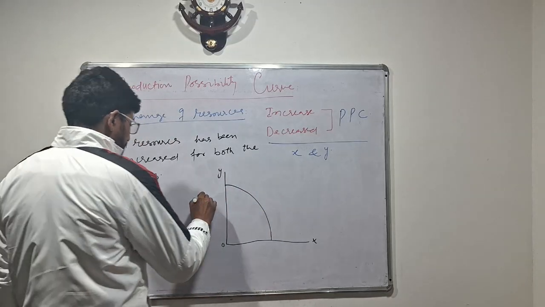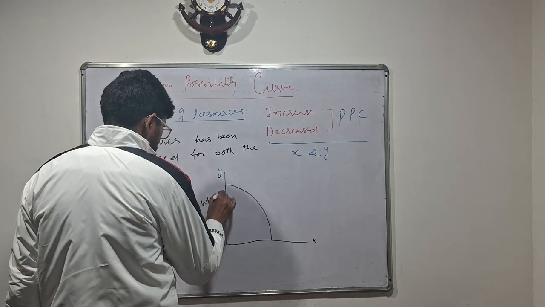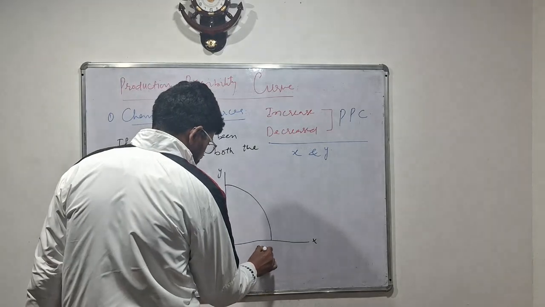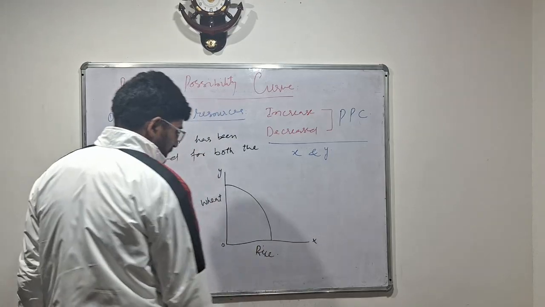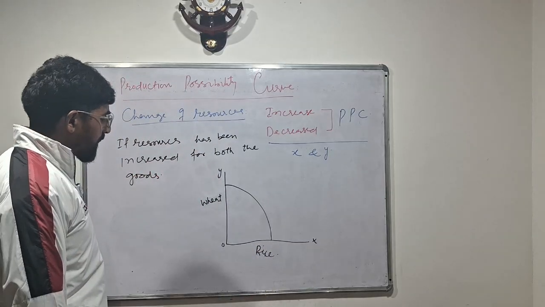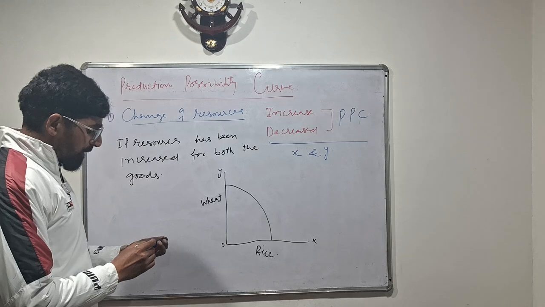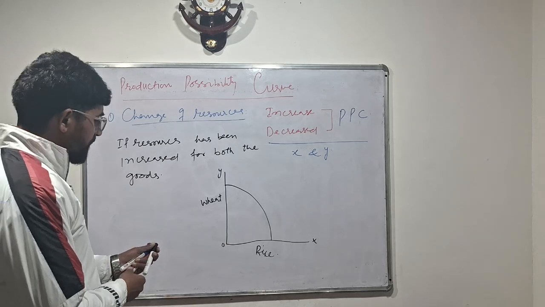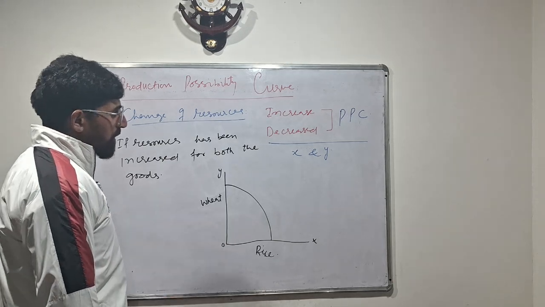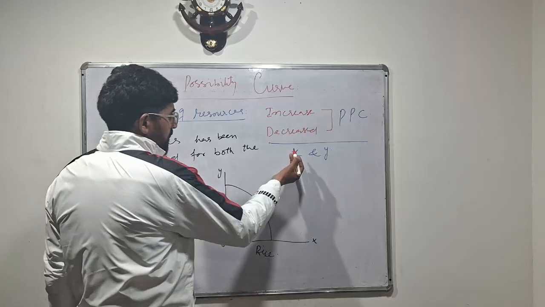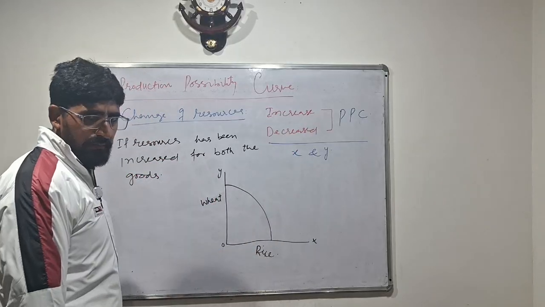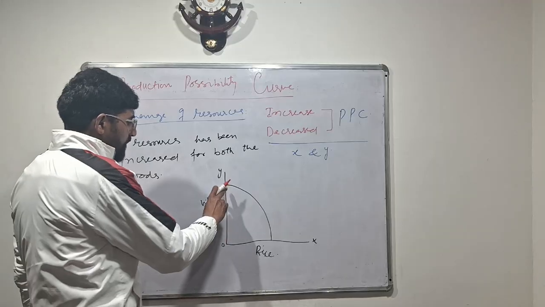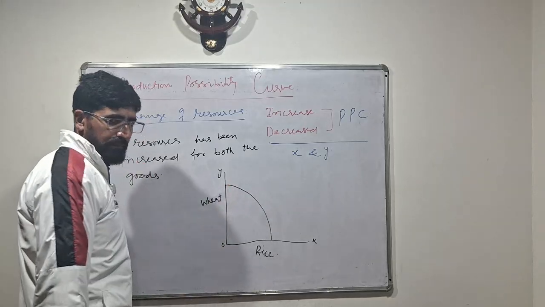For example, wheat and rice. If the resources of both wheat and rice have been increased, what will happen to this production possibility curve?